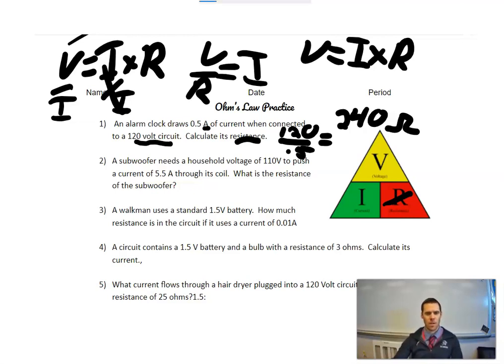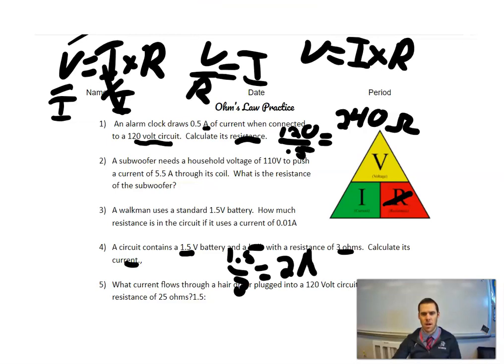Let's do something like number 4. You've got a 1.5 volt battery, and we've got 3 ohms of resistance, and we want to calculate its current. So I want current by itself now. That's going to be V over R is equal to I. So now I have 1.5 volts divided by my resistance of 3, and that should be 2 amps.